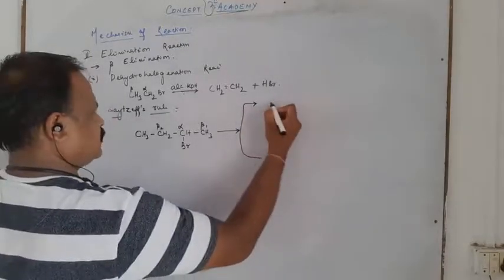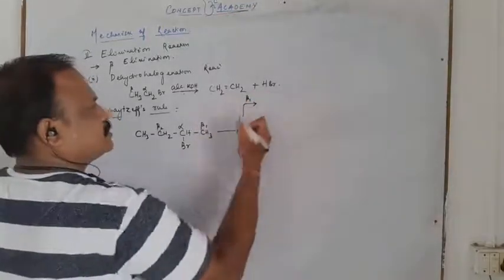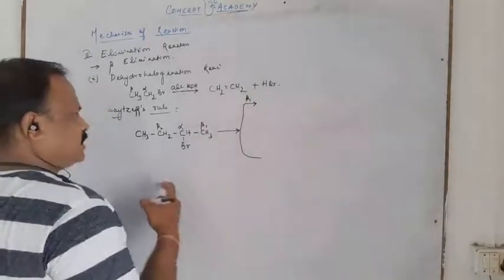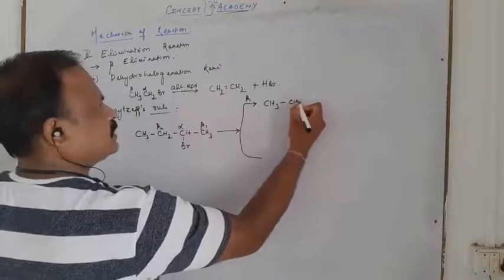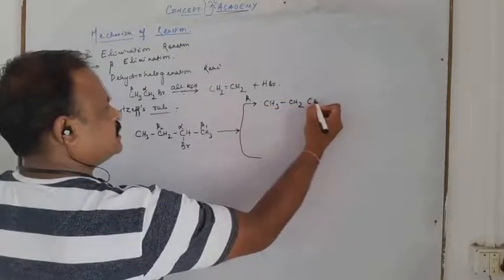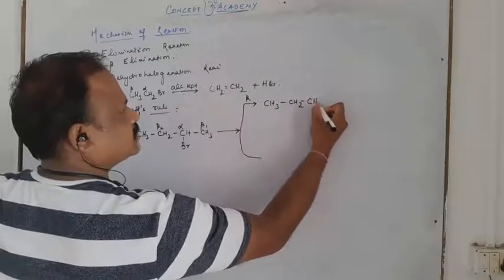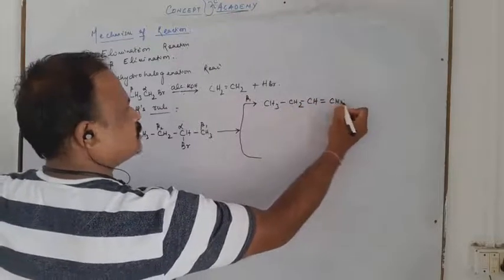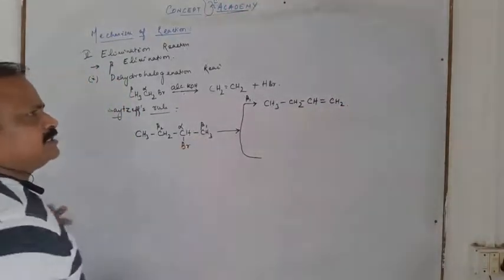First, let us take it takes from beta 1. So beta 1 hydrogen removal is there. So what will come? CH3CH2CH double bond CH2. Here one hydrogen is removed and the Br is attached.